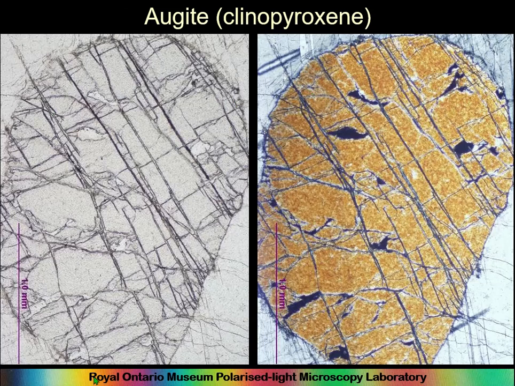This is first order yellow down here, which is within the realm of possibility for pyroxenes. But what is very diagnostic also is two cleavages at 90 degrees. Don't forget, 90 degrees. 120 degrees is that other mineral. Oh, there you go. Two cleavages at 90 degrees.